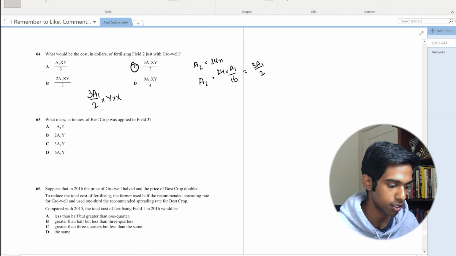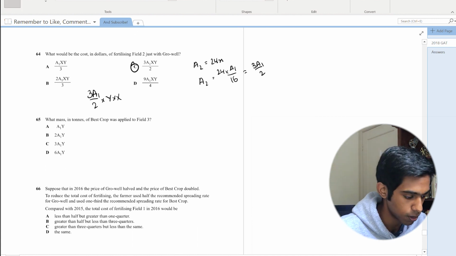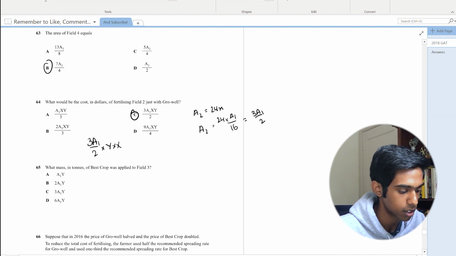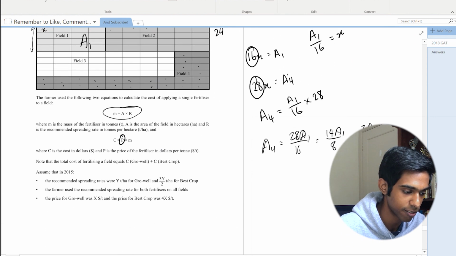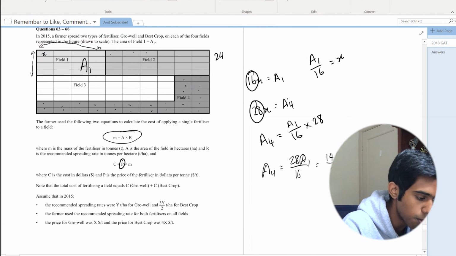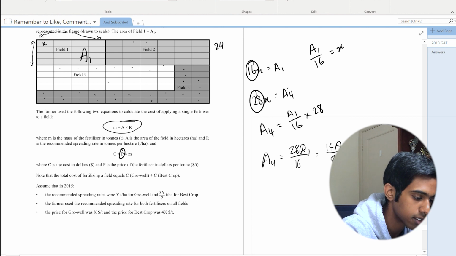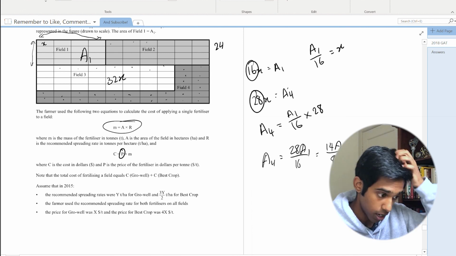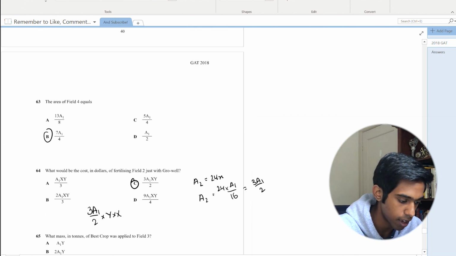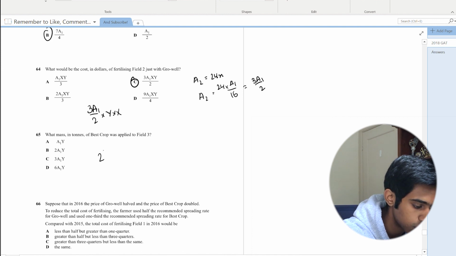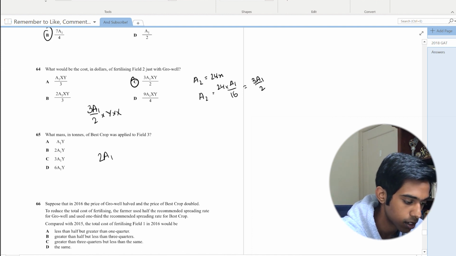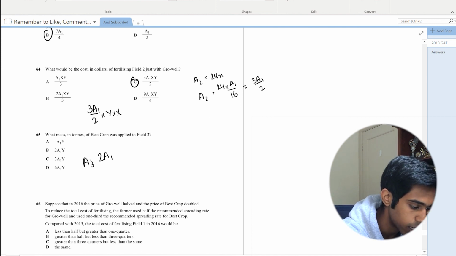What mass in tons of Best Crop was applied to field 3? Okay, so now we've got to calculate the area of field 3. This is 4 by 1, 2, 3, 4, 5, 6, 7, 8. That gives us 32x, which is just double the size of A1. So we've got 2A1, so A3 equals 2A1.